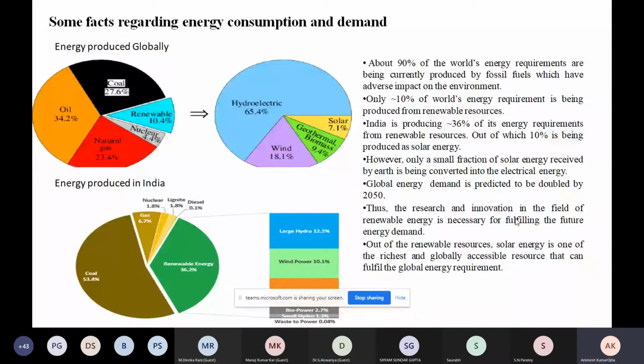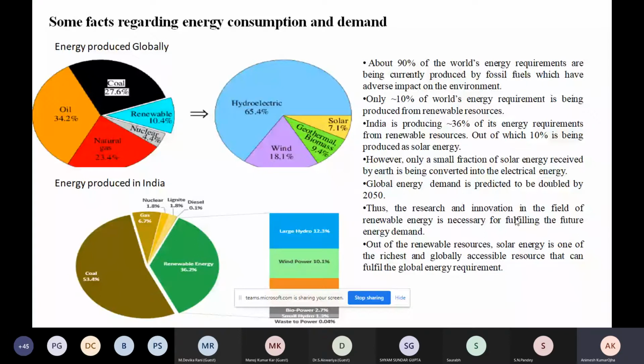Therefore, one has to focus on harvesting or converting more non-conventional energy into electrical energy. For this, research and innovation in the field of renewable energy is necessary for fulfilling the future energy demand.